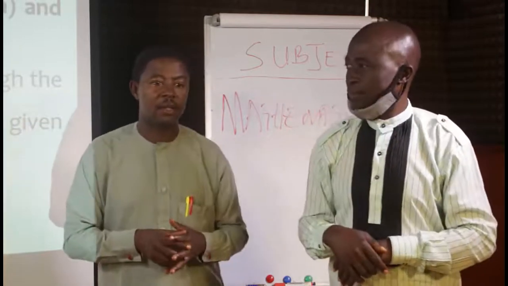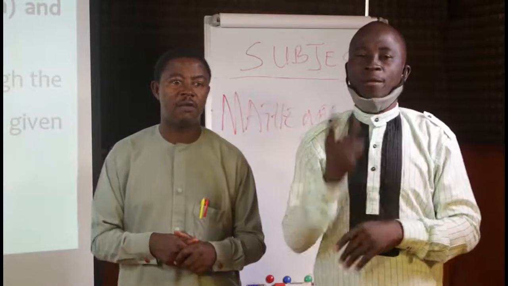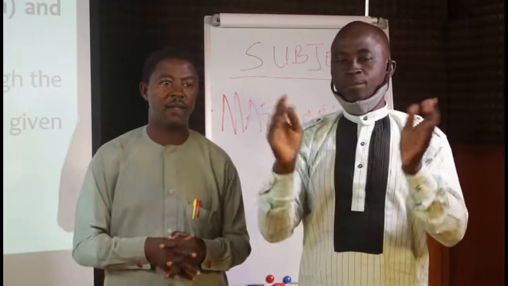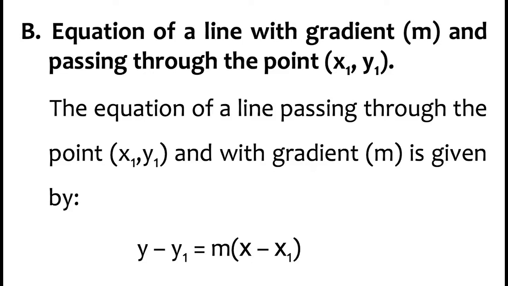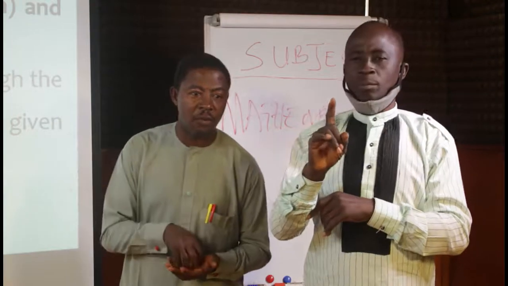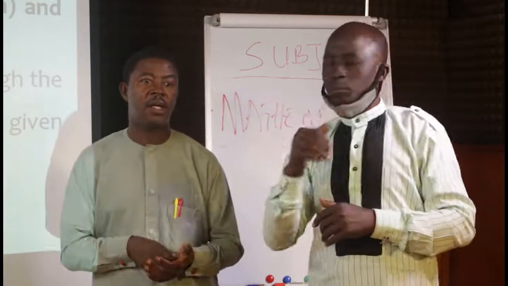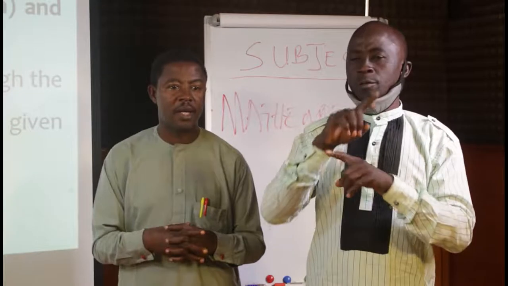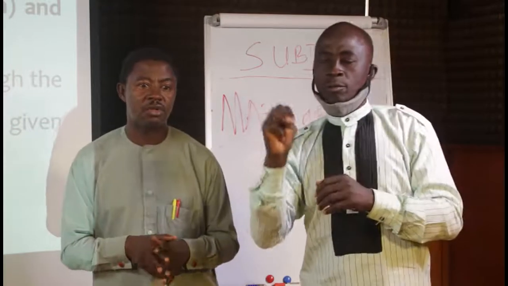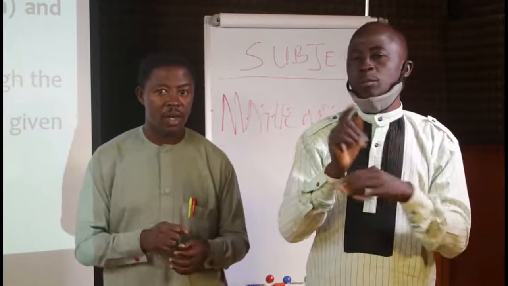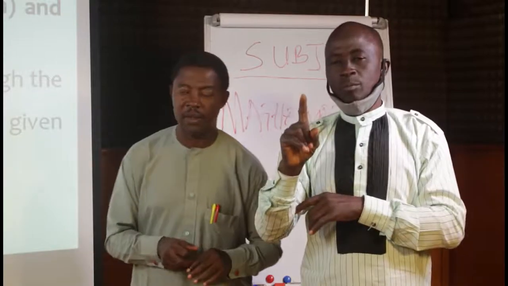Now, the second part of the general equation of a line, which is B, is the equation of a line with gradient m and passing through the point (x1, y1).